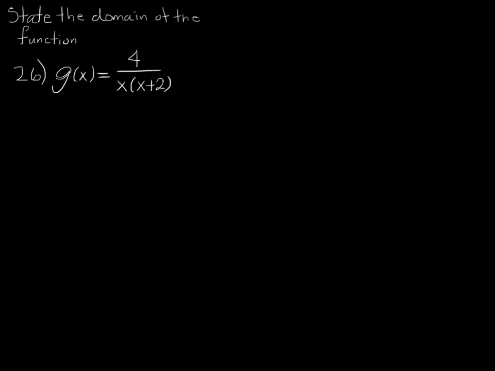Once again, we want to find the domain of a function. Here we have a rational function, so we need to make sure the denominator does not equal 0. That is, we need to make sure that x times x plus 2 does not equal 0. Which means that x can't be 0, and x plus 2 can't be 0.